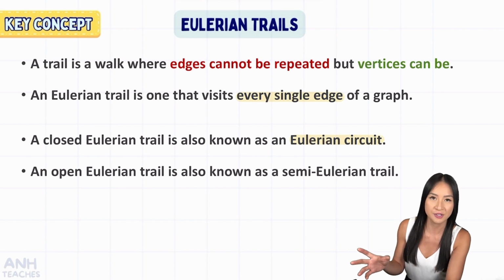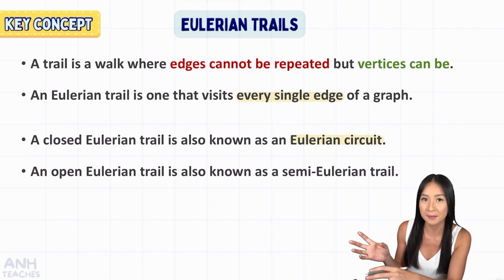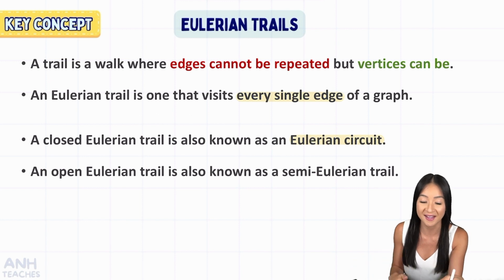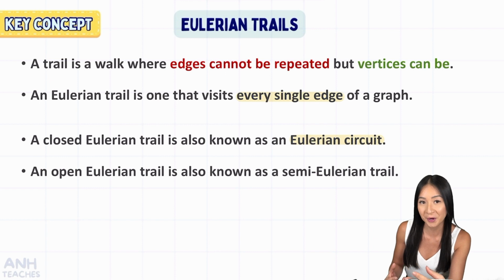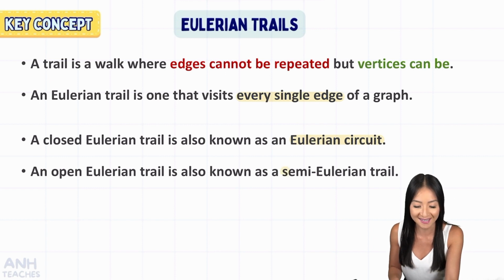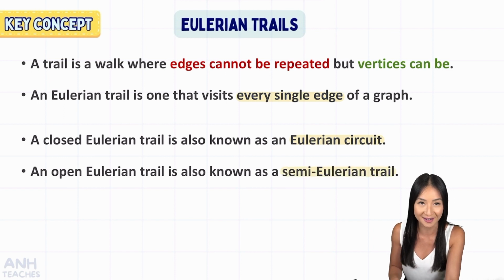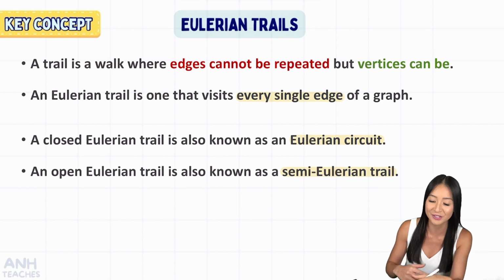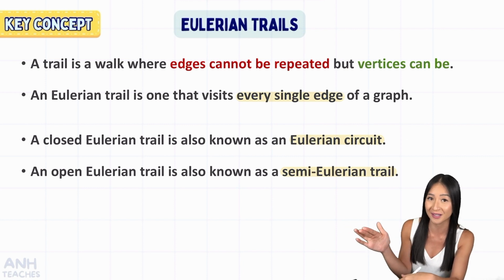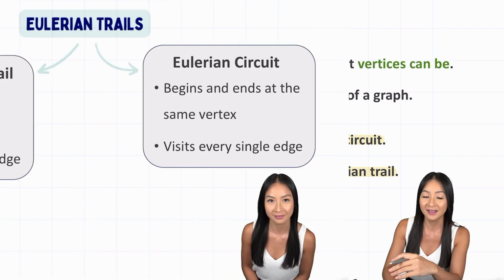I mean, you can still use closed Eulerian trail, but we more often refer to it as Eulerian circuit. And if the Eulerian trail is open, then we call that a Semi-Eulerian trail. But again, you can just use open Eulerian trail and closed Eulerian trail if you really want.